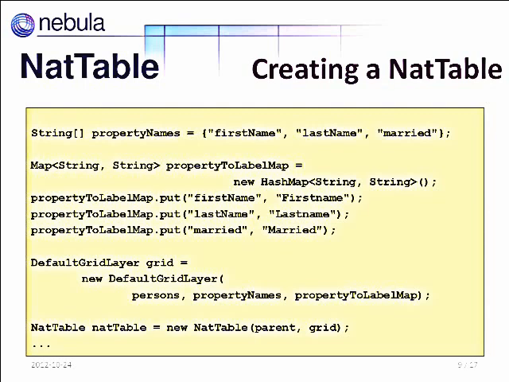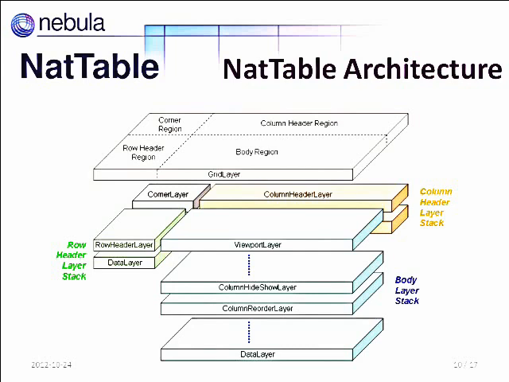Creating a NatTable is kind of different. This is a special example, as I'm using a reflective data provider at the back. But what you can realize here is that we don't create every column by itself. We're just creating the table. So what's really behind this is we have a different architecture.